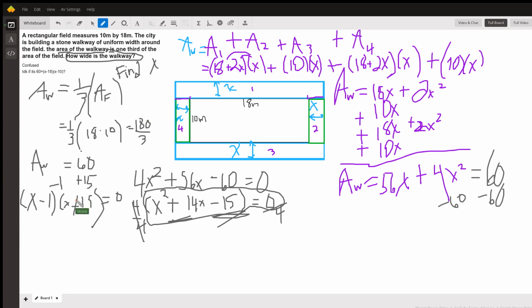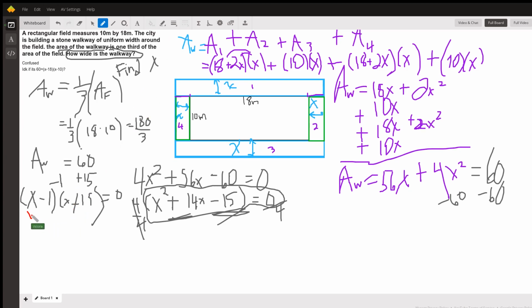So we're going to set x minus 1 equal to 0 and solve that by adding 1 to both sides. So then we get that x equals 1. And when we solve x plus 15 equals 0, you subtract 15 from both sides, you get that x is a negative number.